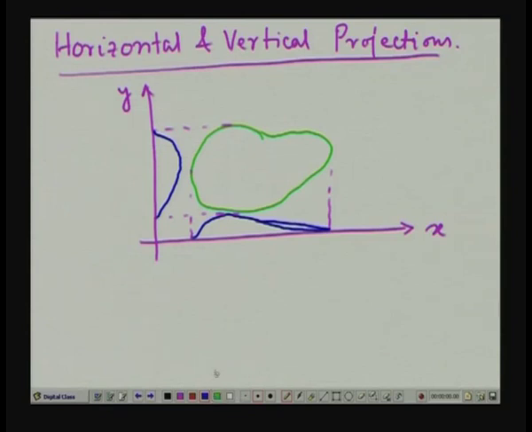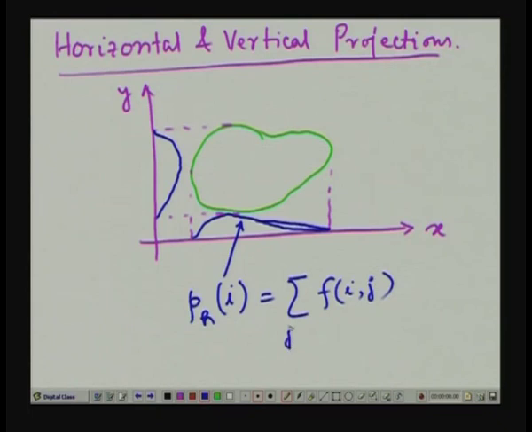This horizontal projection I call PHI, and this can be computed by a simple expression, the summation of Fij, where this summation has to be done over the variable j. That means I have to take the summation along a particular column.